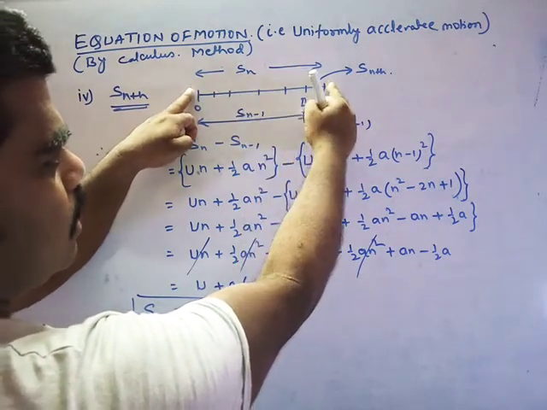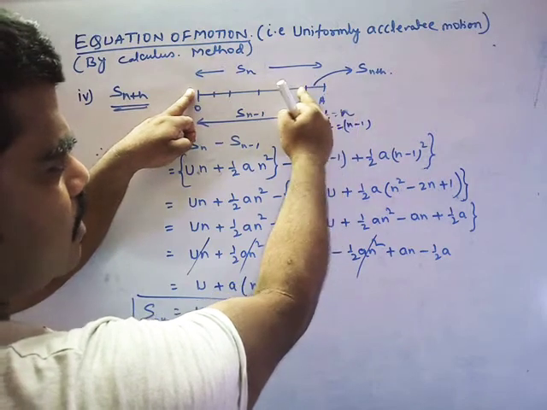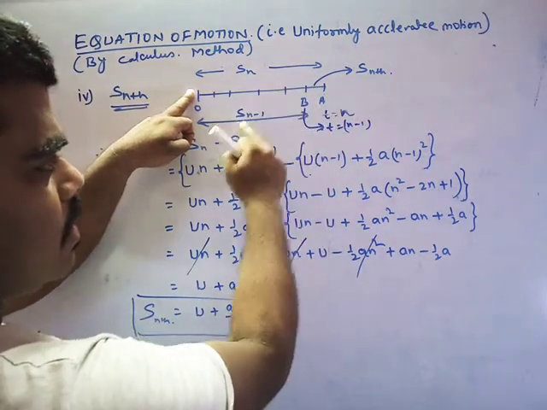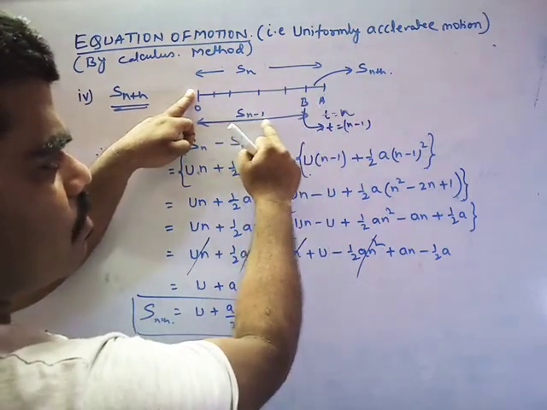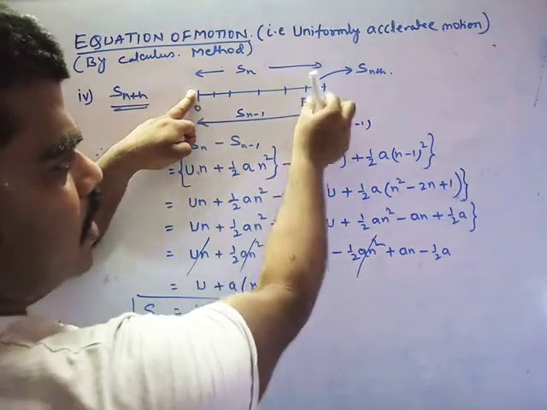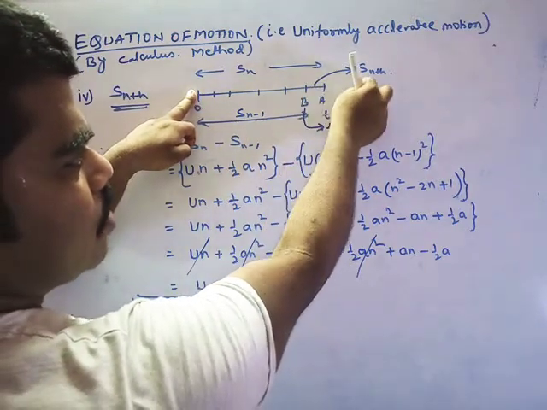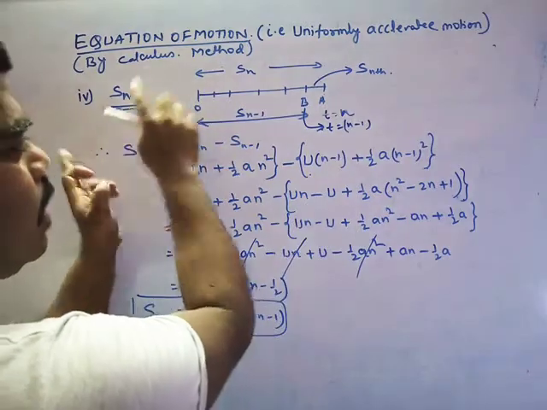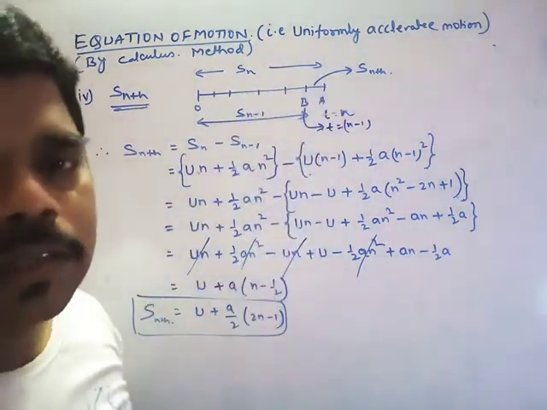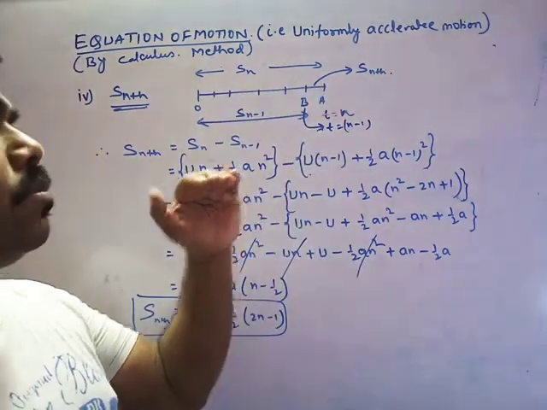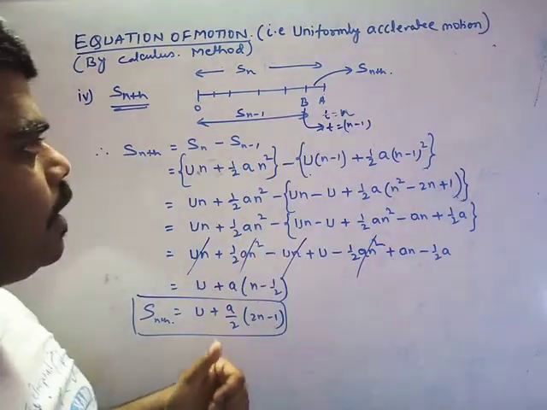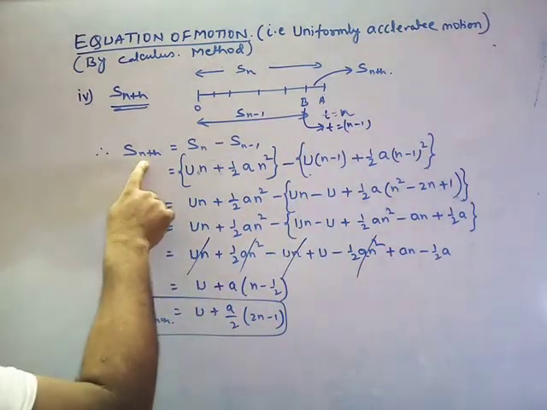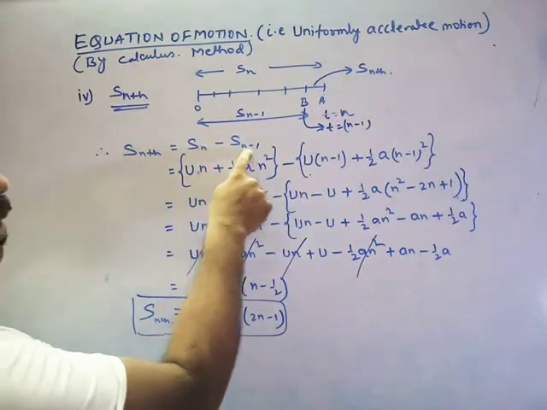Definitely total distance minus the distance of n minus 1 seconds, if this is removed, this distance is known as the nth, that is, the distance covered in the last second is called the nth. Is it clear? So here also I have written nth means sn minus sn minus 1.